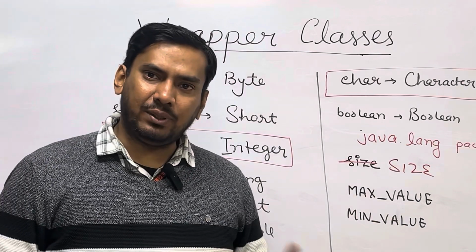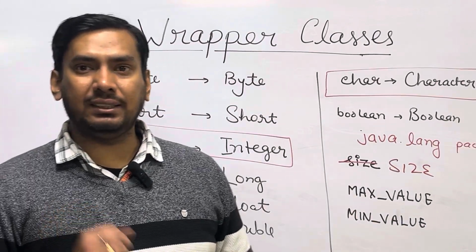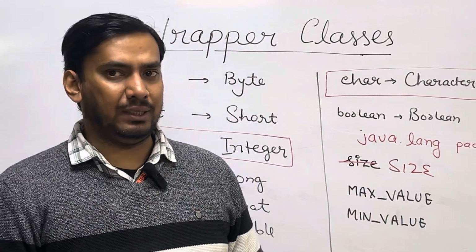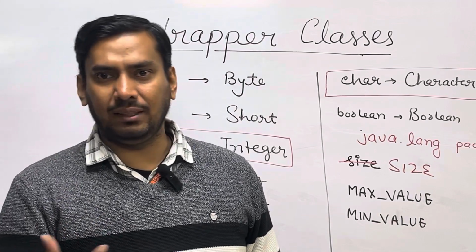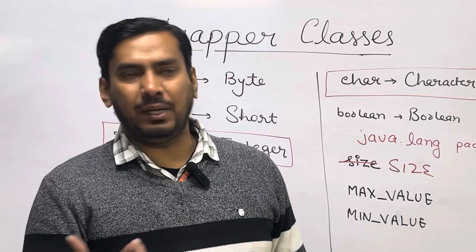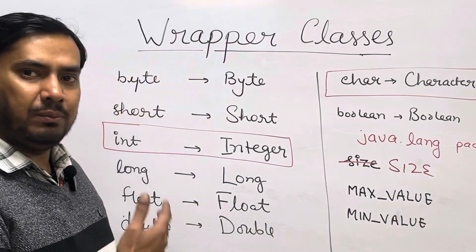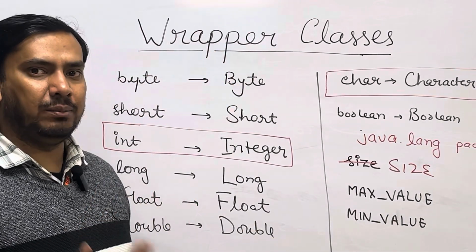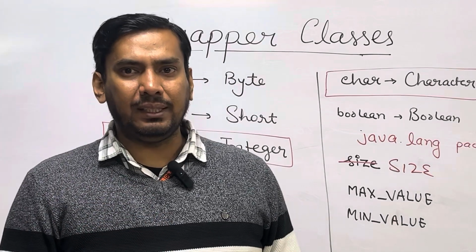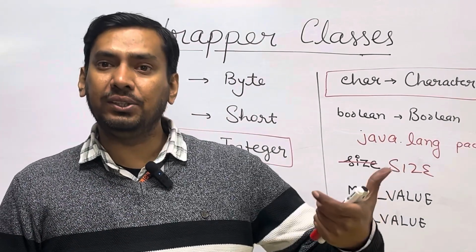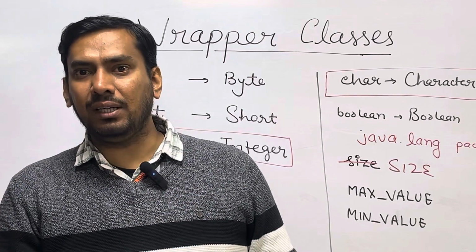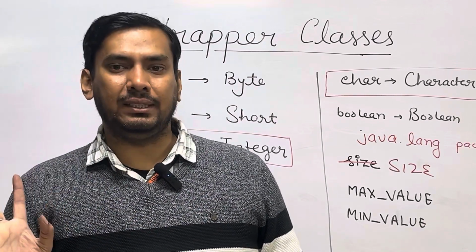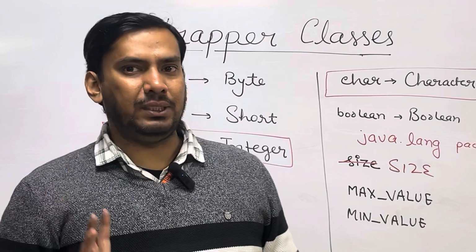Apart from that, I have already discussed that there are parser methods provided in every wrapper class. Integer class has parseInt, Byte class has parseByte, Long has parseLong, Float has parseFloat, Double has parseDouble. The parse method is provided so that any compatible string can be converted into the corresponding primitive data type.